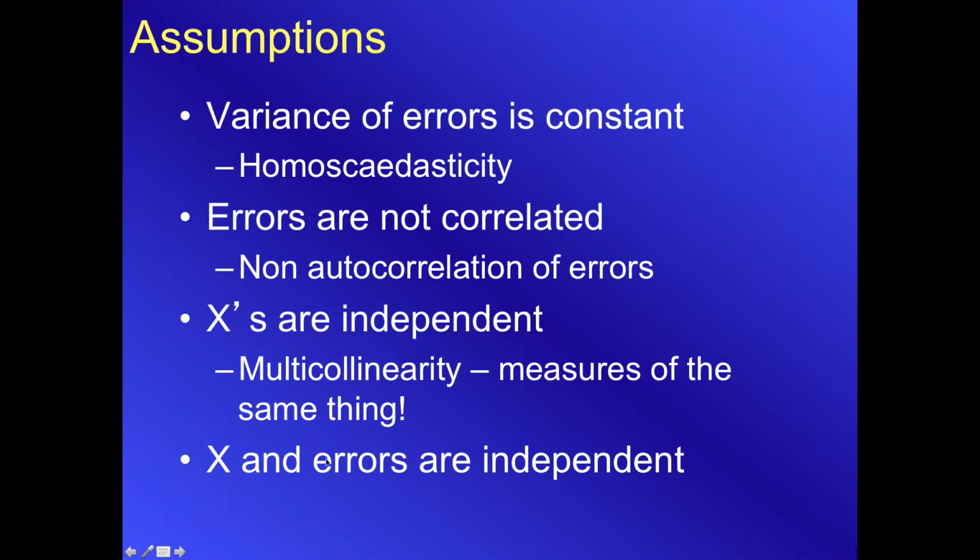And finally, x's and errors are assumed to be independent. In other words, if you don't include an x that you think is important, it appears in the error term, and therefore is correlated with the model, and that's not a good thing. You don't want x's and errors to be correlated, so the assumption is that they're independent of one another.